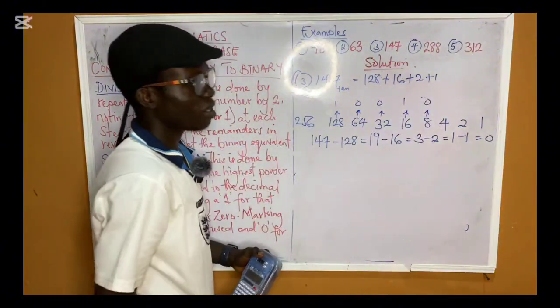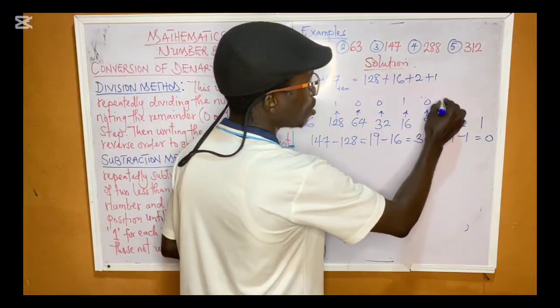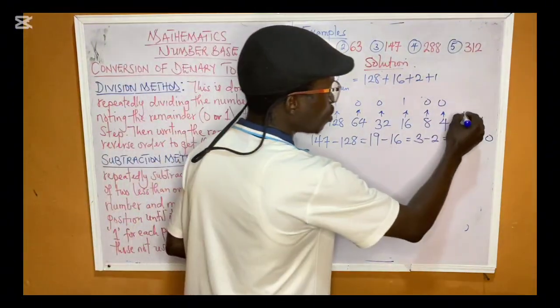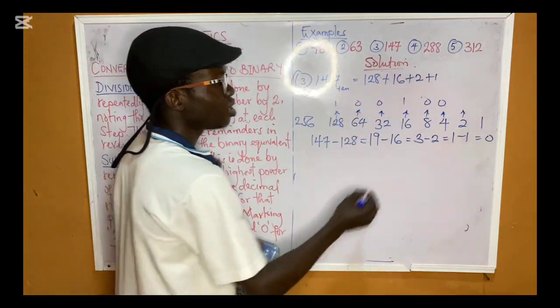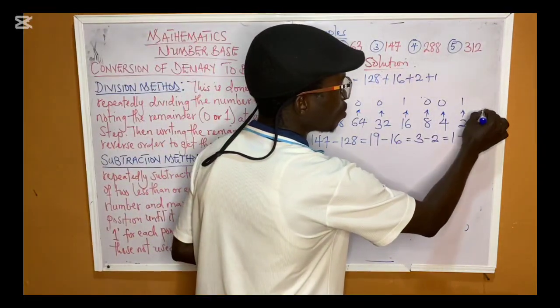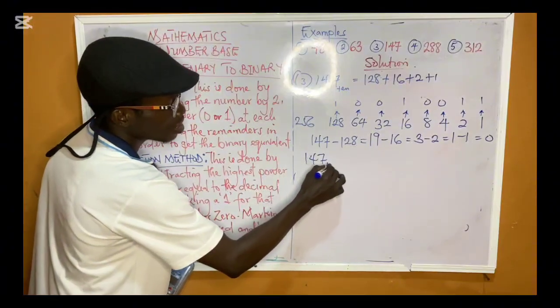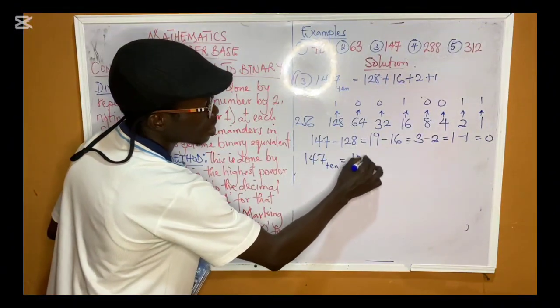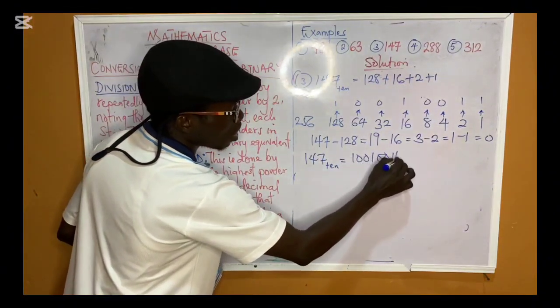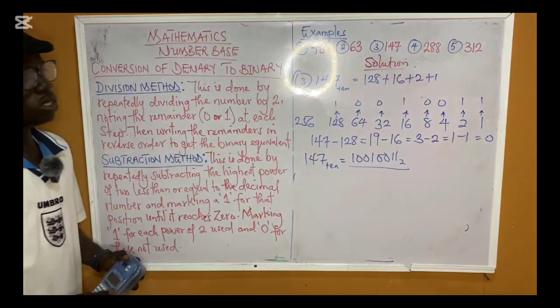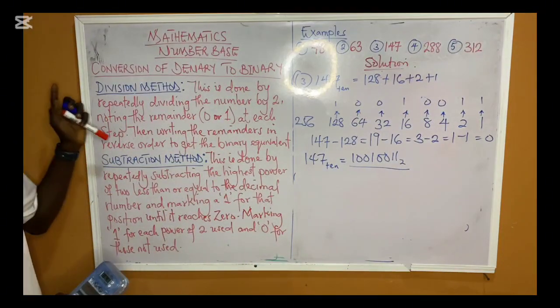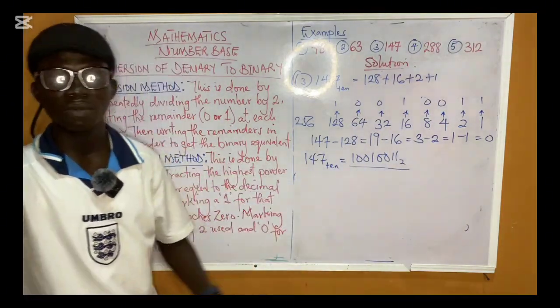No. What about 4? No. What about 2? No. Oh, we used 2. So we write 1. What about 1? We write 1. So 147 base 10 equals 1001 0011 base 2. If you check the previous one we did, you see that it is the same thing.